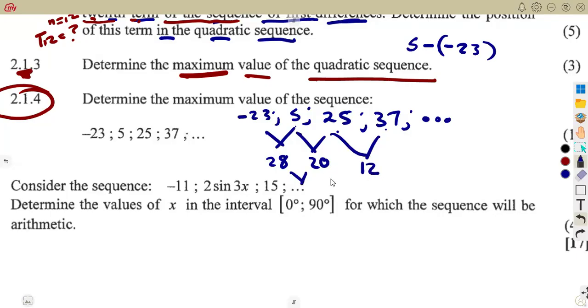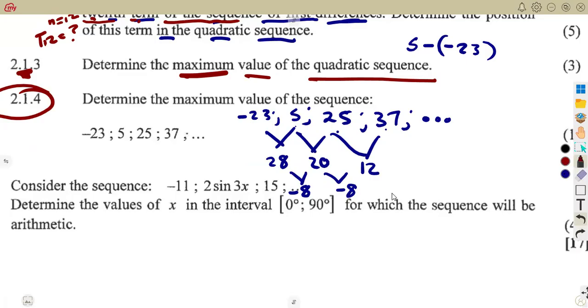Then we determine the difference again, because these differences are not the same. So 20 minus 28 is minus 8, and 12 minus 20 is minus 8.